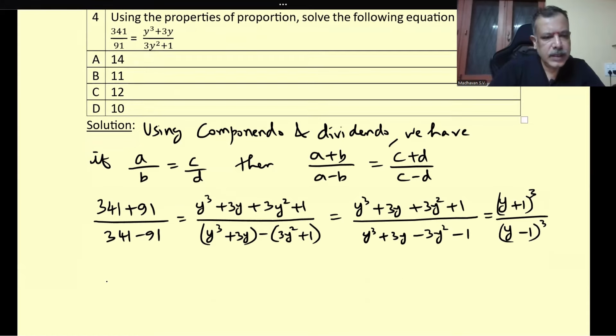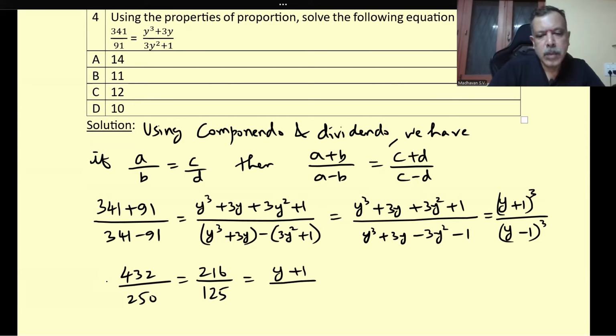Now the left hand side is 432 divided by 250. That can be simplified. Both can be divisible by 2. If we do that, we get 216 divided by 125. That is equated to y plus 1 by y minus 1 the whole cube. That means 216 is nothing but 6 cube, 125 is nothing but 5 cube.